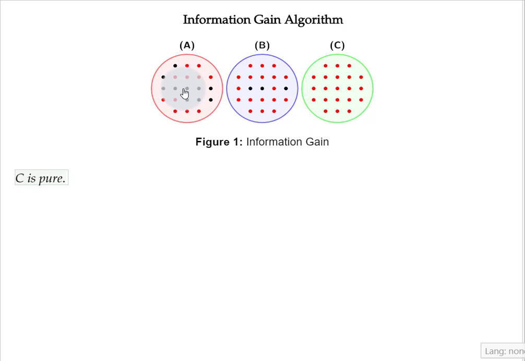Let's talk in terms of impurity: C is pure, or C is less impure.